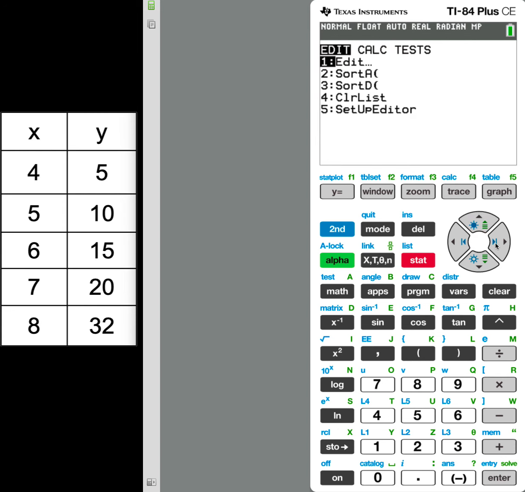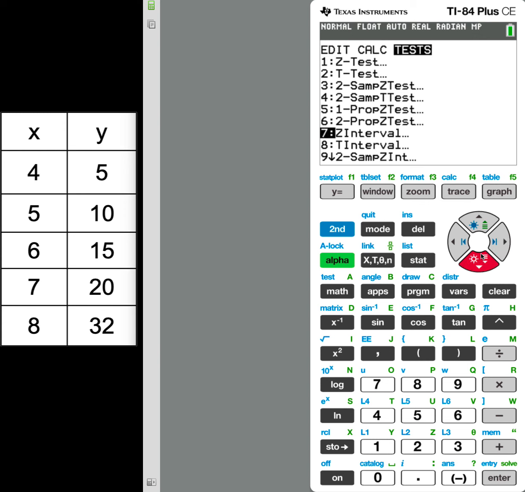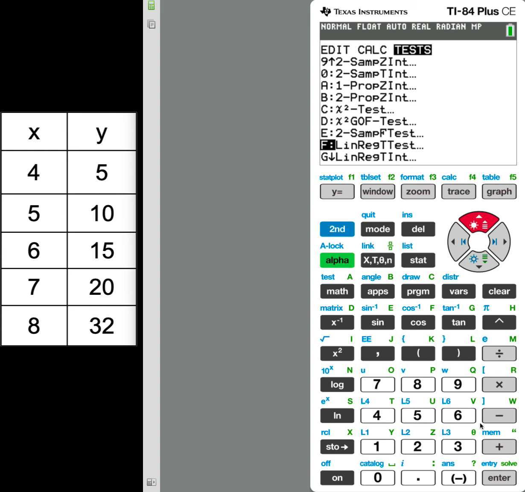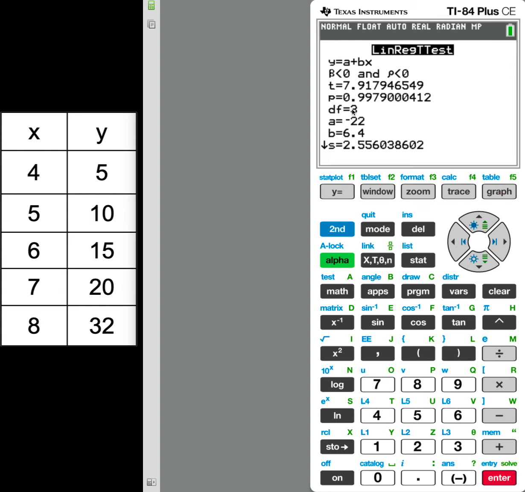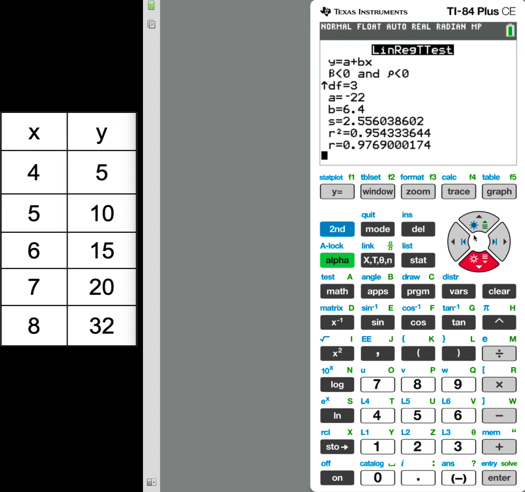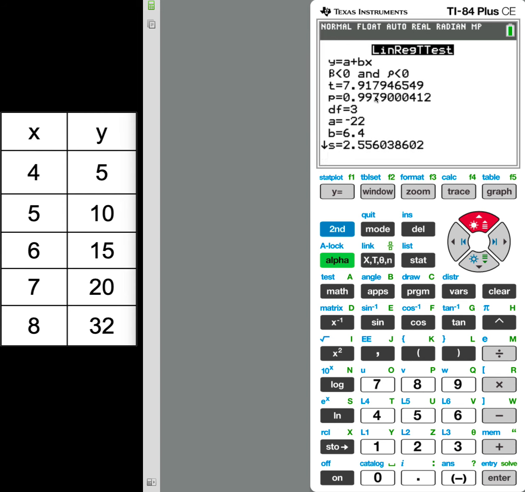So stat, test, scroll down, and however it is that you get to LinReg t-test as fast as you can, input your stuff. If you are doing another test, you could do left-tailed, right-tailed, and then calculate. So obviously the p-value changed because I made it a left-tailed test. Obviously the test statistic changed.